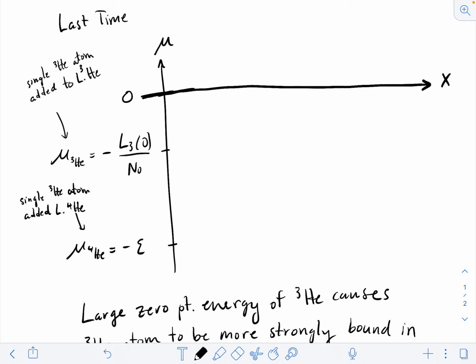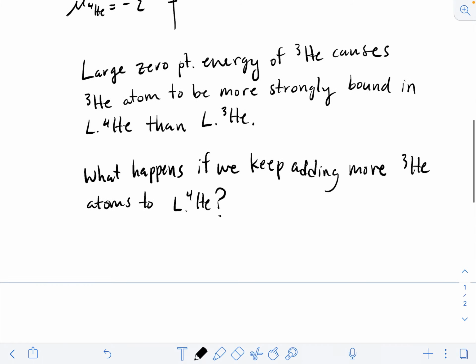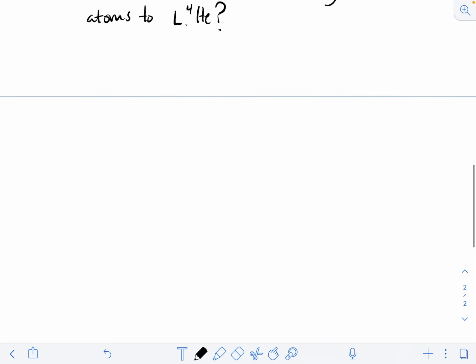So this is X, and this is going to be the concentration of helium-3 atoms in liquid helium-4. So X equals 0 is pure liquid helium-4, and then we can add atoms of helium-3 a little at a time and increase that concentration. Okay, so we'll come back to that plot.